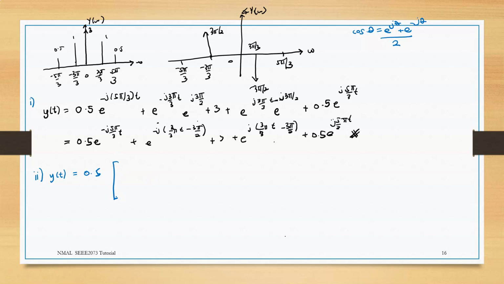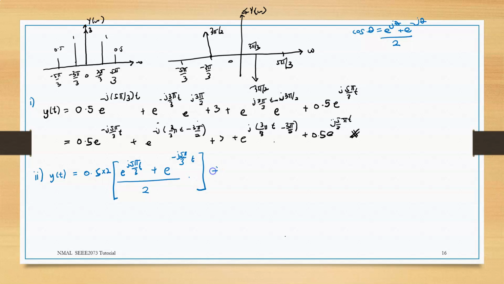You take from 5 pi over 3 here, so here is exponent j5 pi over 3t, the positive part first, plus exponent negative j5 pi over 3t. You have to divide by 2 in order to make it cosine. So when you divide by 2 here, you have to multiply by 2 up here.